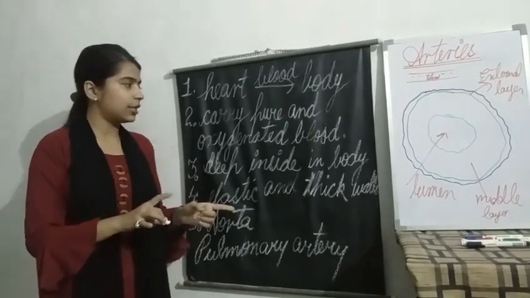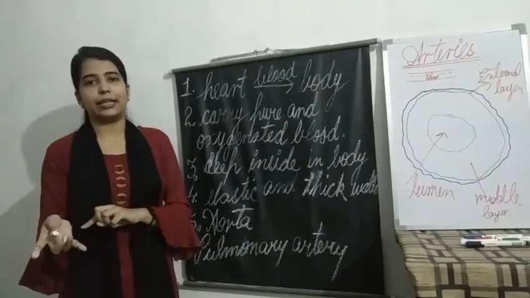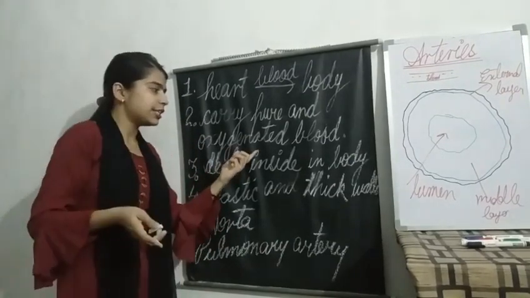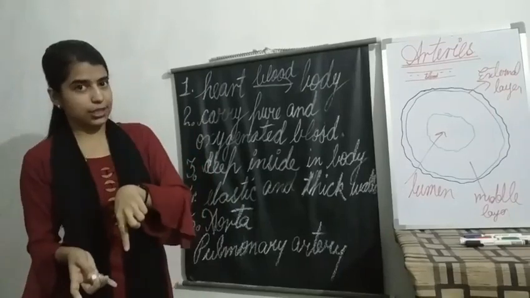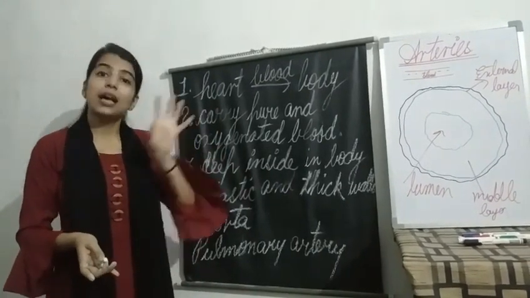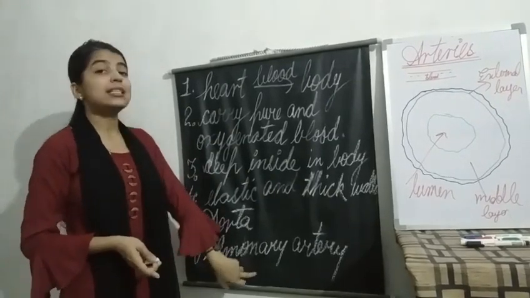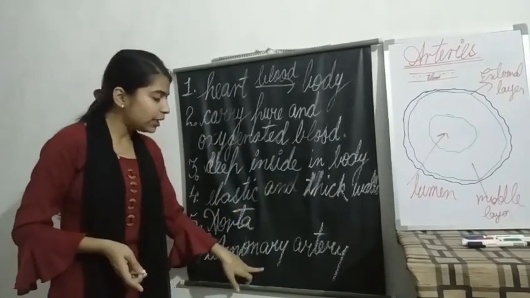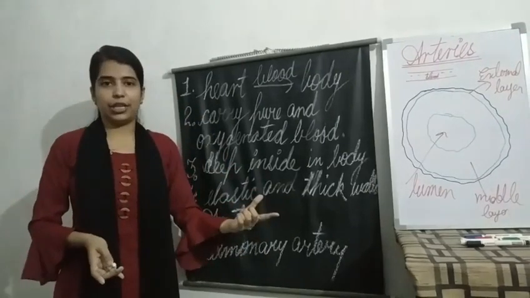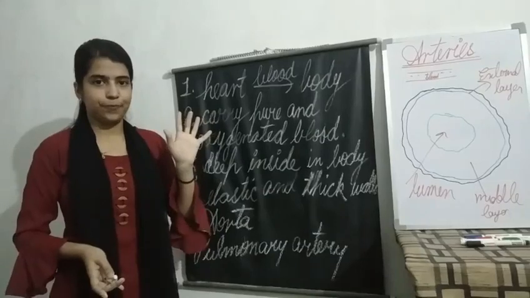Oxygenated means the blood which has oxygen in it, and deoxygenated means the blood which has carbon dioxide. So, pulmonary artery is an exception and it will carry deoxygenated blood from the heart to the lungs.